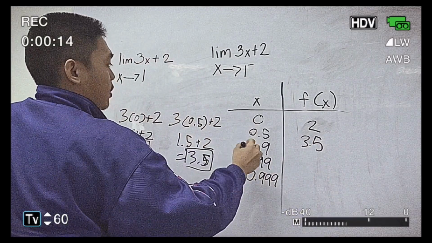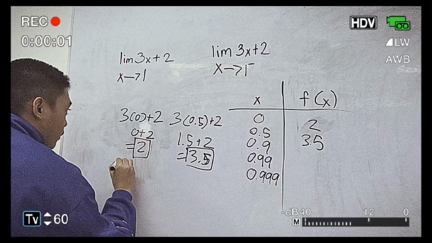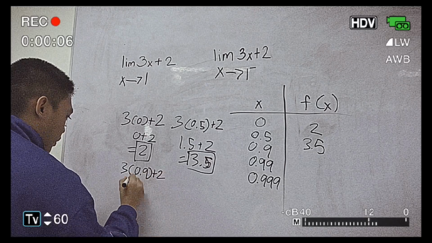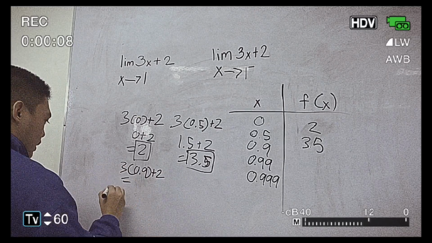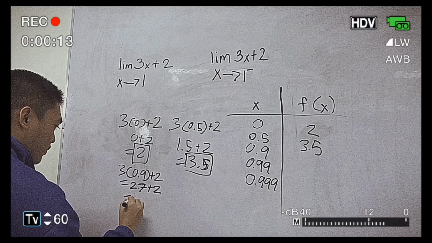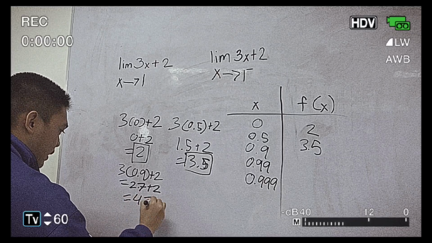And next, 0.9. Now 3 times 0.9 is 2.7, plus 2, so 4.7.